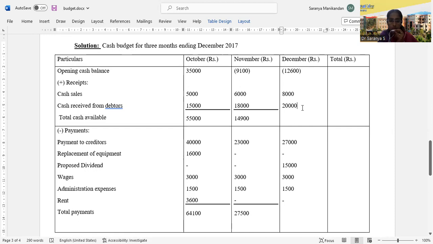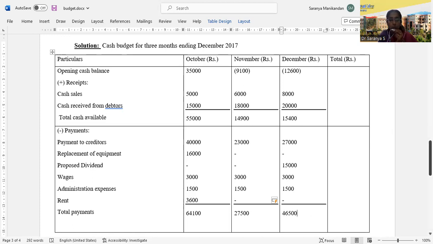Minus 12,600. Then plus 8,000 plus 20,000. We will get 15,400. So 15,400 is our cash availability. Then when we find out the payment total, that is 27,000 plus 15,000 plus 3,000 plus 1,500, we will get 46,500.